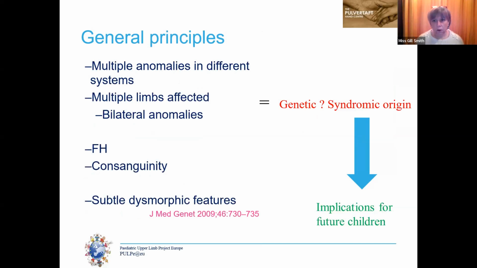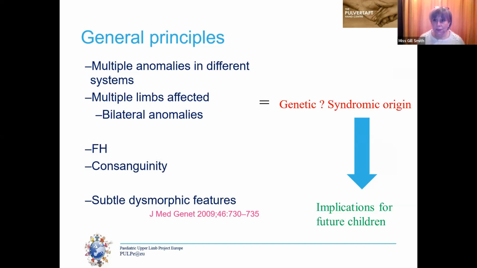So what about general principles? Well, if you start finding the child's got lots of different things wrong in different systems, this is quite likely to be a genetic disorder. If you find multiple limbs are affected, and particularly bilaterally as well, again, it's much more likely to be genetic and syndromic. And this, of course, is going to have implications for future children.